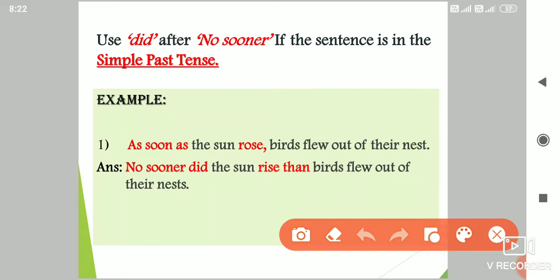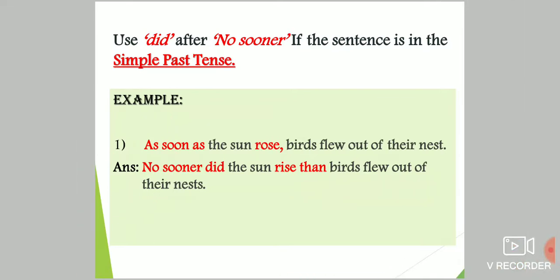We have to make that rose into rise. Then birds flew out of their nest. In this way, no sooner did the sun rise than birds flew out of their nest. In this way we can understand the use of did in the sentences.